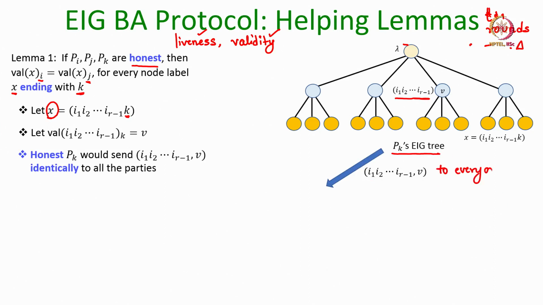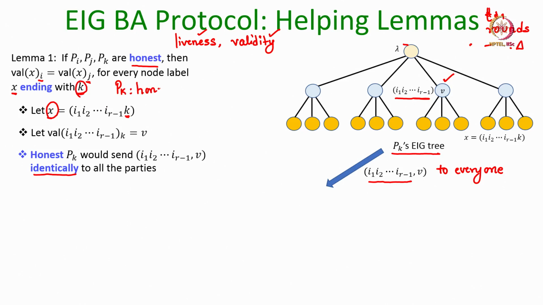It would have informed everyone that the node with the label i_1, i_2, ..., i_{r-1} has the value v in P_k's copy of the EIG tree, and it would have sent the same message identically to all the parties, because we are assuming that P_k is an honest party.